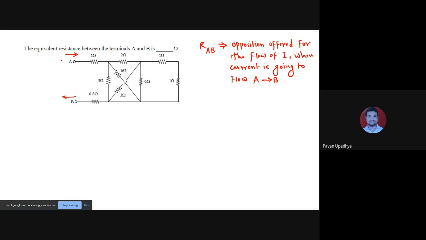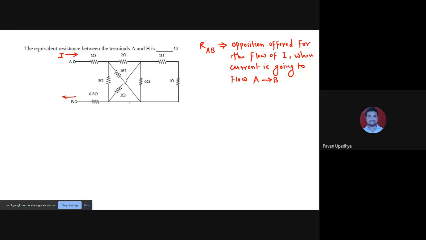You can clearly see that if current enters from point A, it has to go through all the resistances between A and B, and only then it will be possible for current to come out of B.